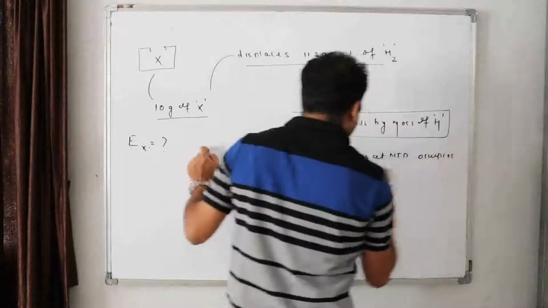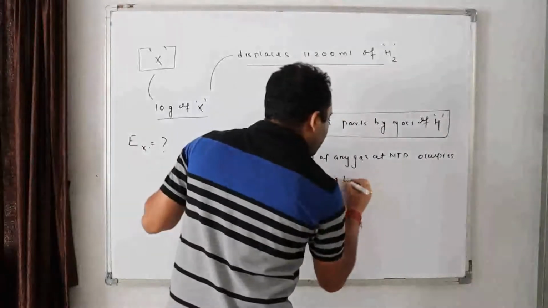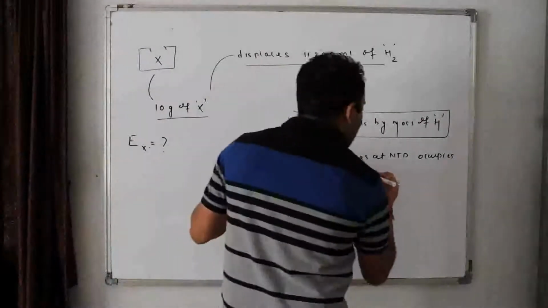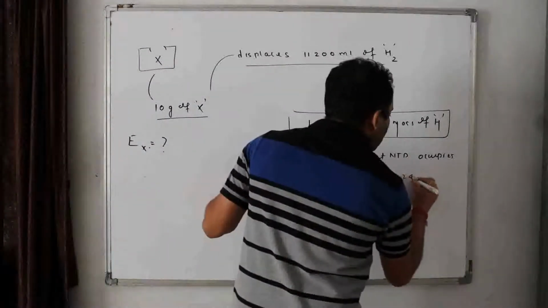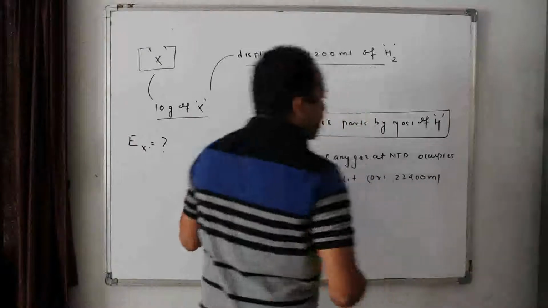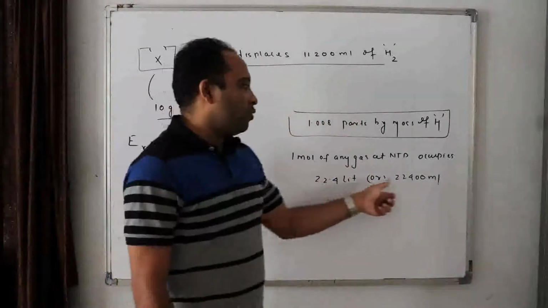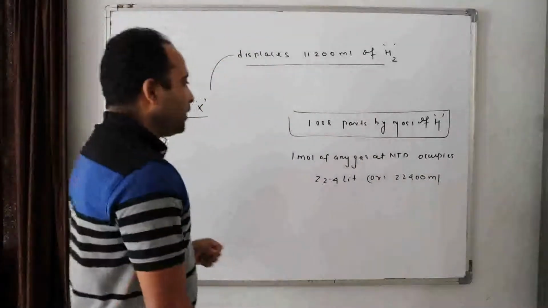Now tell me, we know that 1 mole of any gas at NTP occupies 22.4 liters or 22400 ml. Isn't it?